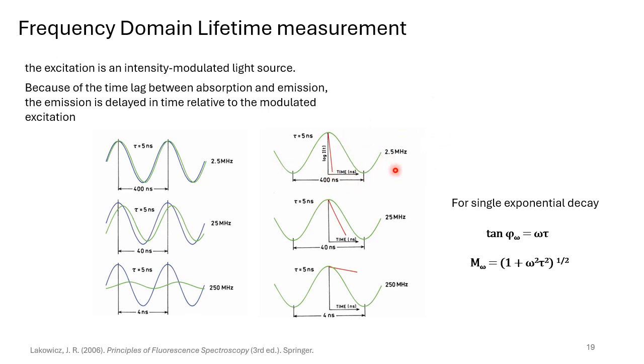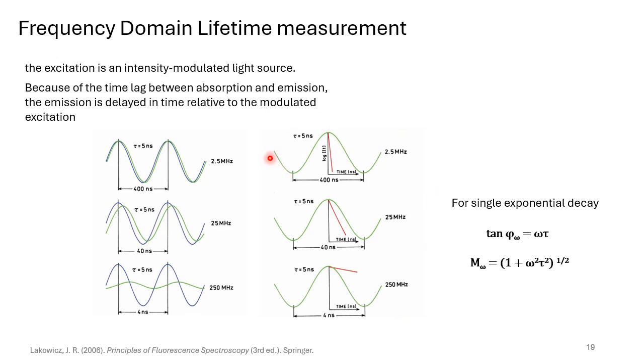So here we're using 2.5 megahertz, so this cycle is 400 nanoseconds, whereas when we use 25 megahertz, this cycle becomes 40 nanoseconds, and in the case of 250 megahertz, this cycle becomes 4 nanoseconds. And now our fluorophore has a lifetime of 5 nanoseconds.